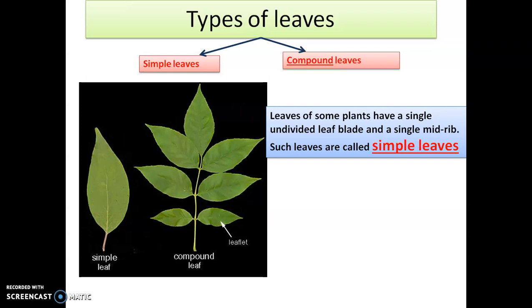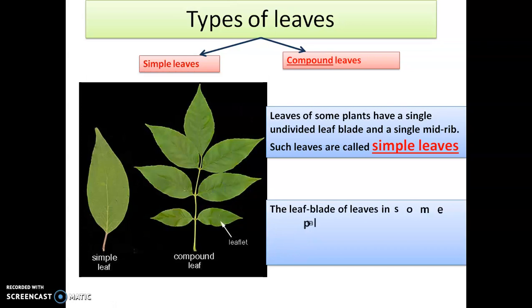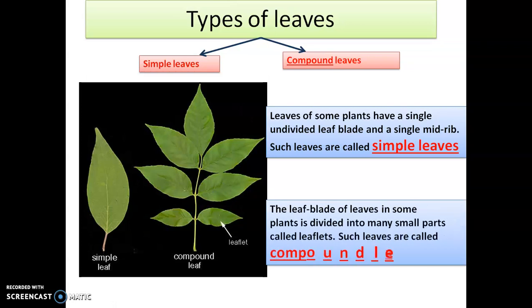So undivided means simple. Whereas now see the compound leaf. What do you see here? Is this leaf and this leaf different? Yes, of course different. And what is the difference? The leaf blade of leaves in some plants is divided into many small parts called leaflets.